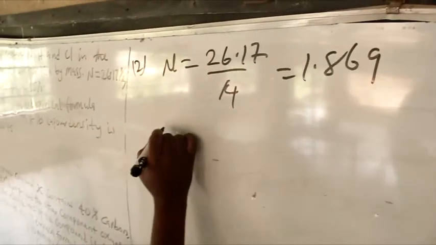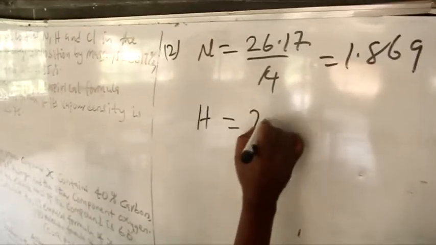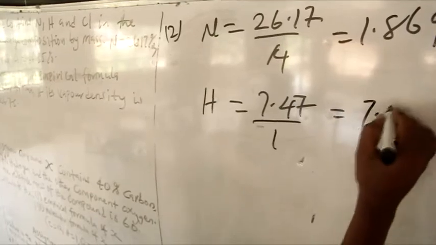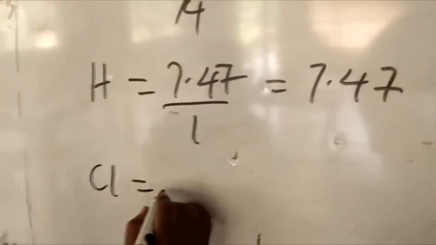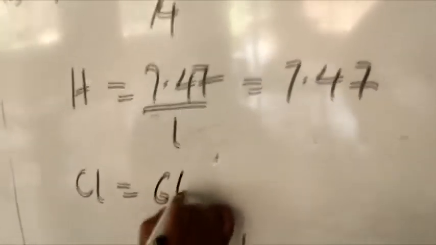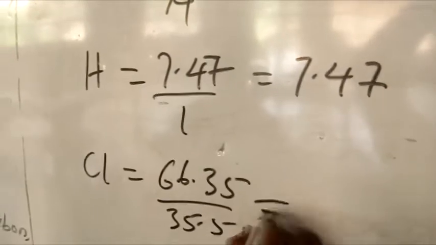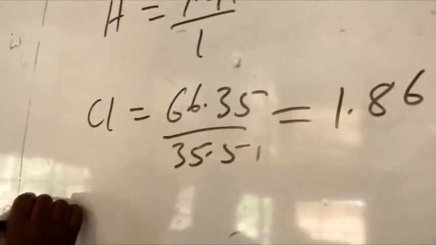And then we go over to hydrogen, which is 7.47 over 1. That will give us 7.47. And we go to chlorine, which is the percentage of chlorine, 66.35 over 35.5. Hope you know where 35.5 is coming from. That is 1.869.